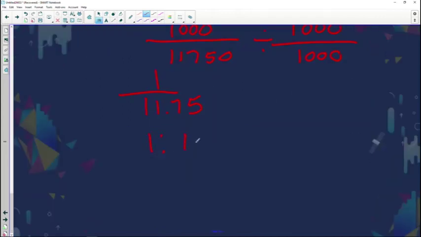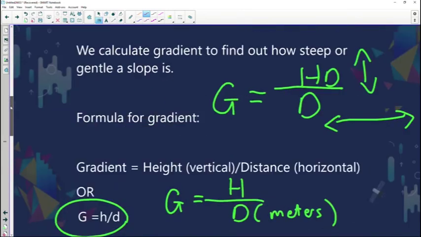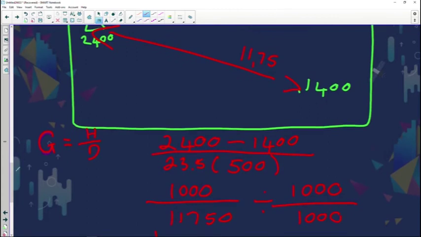So for every 11.75 meters we walk from spot height 1,400 to tree beacon number 2, the gradient increases by a meter. So we need to walk 11.75 meters for the gradient to increase by a meter. Stay tuned, and we're going to continue after the break.